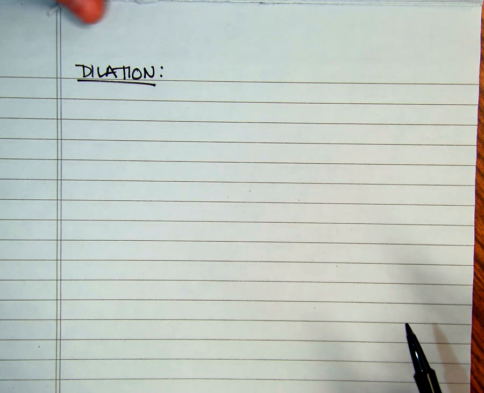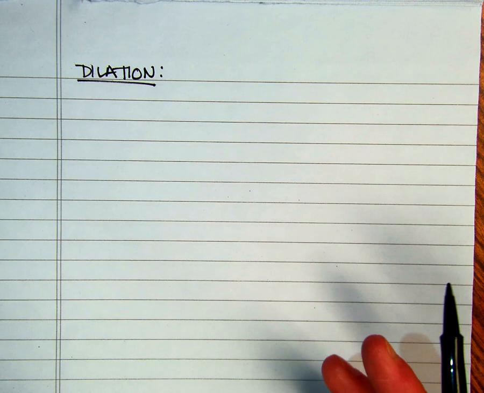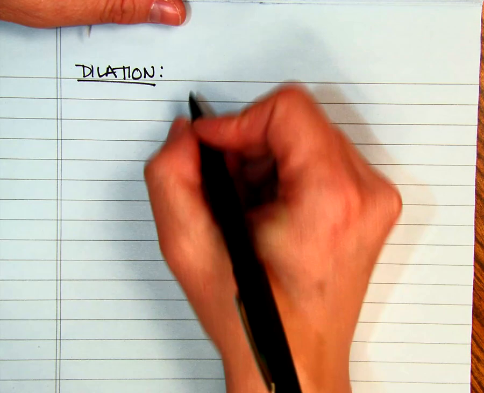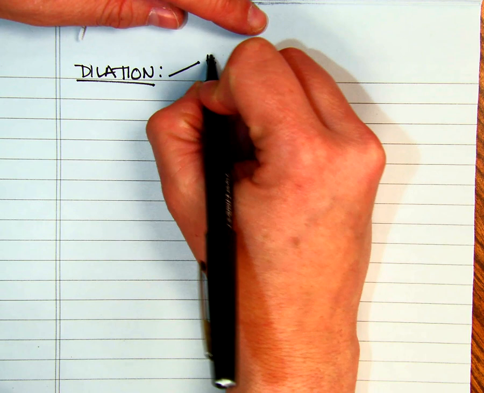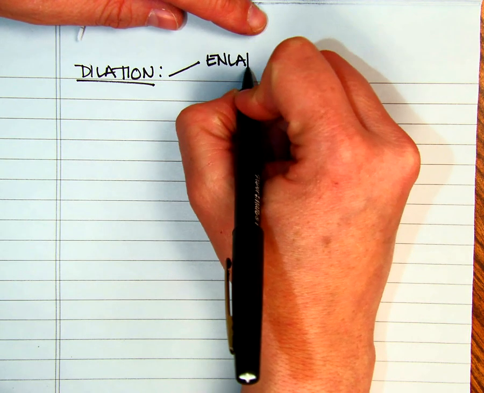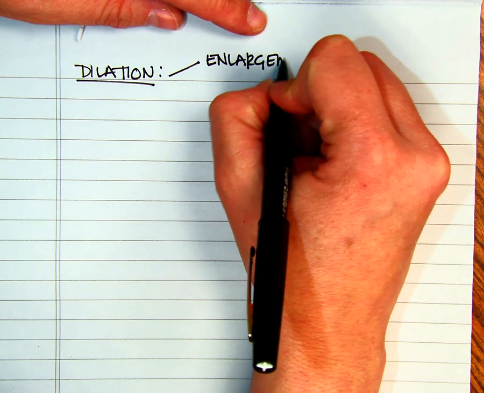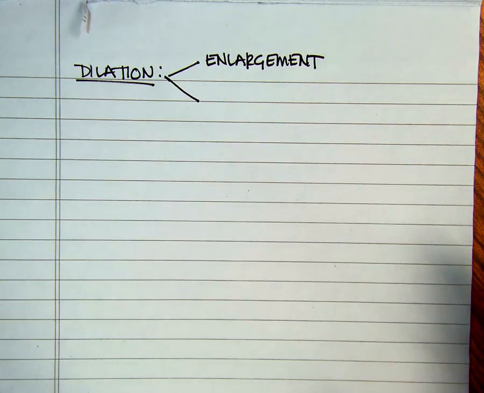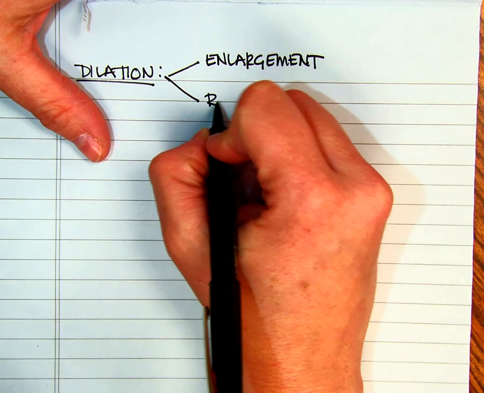Also think of this as what happens if you put a picture or something on a copy machine. You can quote unquote blow it up, which we are going to call an enlargement. Or you can shrink it or make it smaller, and we call that a reduction.